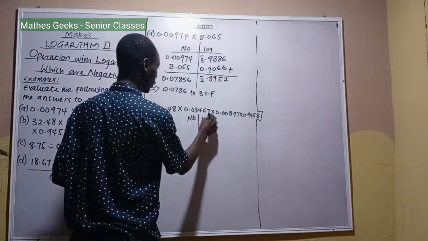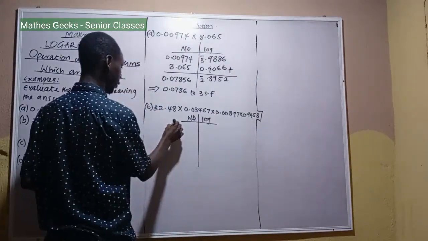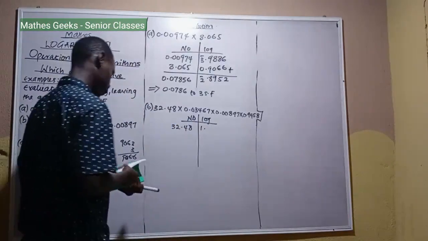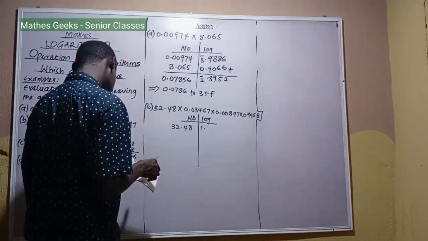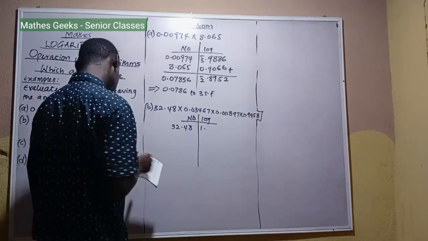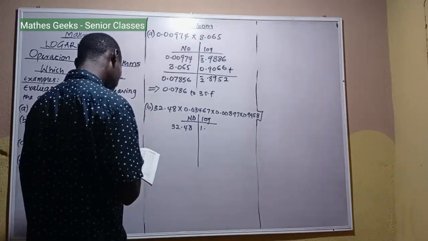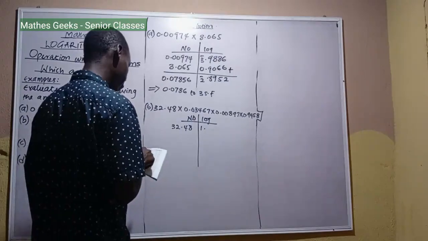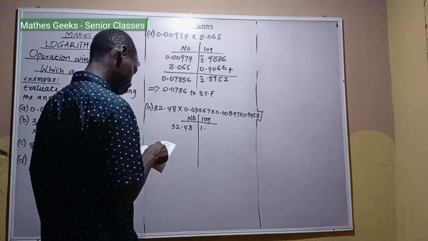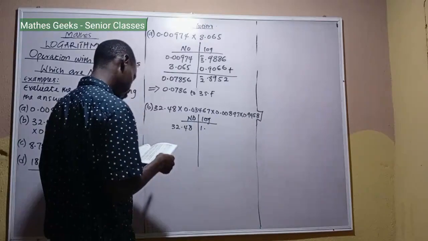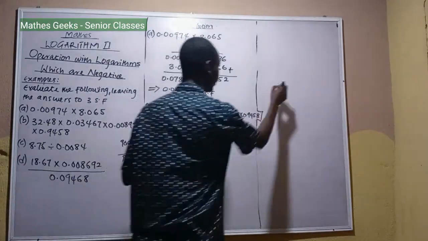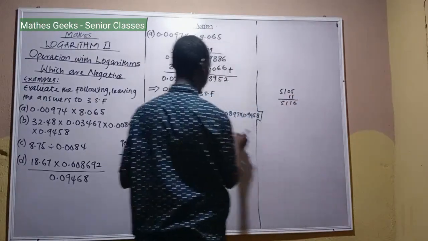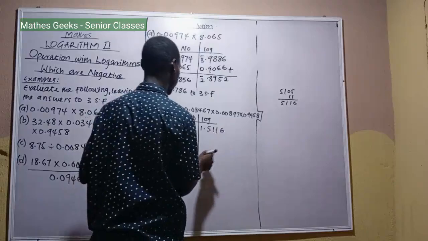Number log. 32.48. The characteristic is 1. 32 under 4 is 5105. Difference 8. Difference 8 is 11. So 5105 plus 11 is 5116.